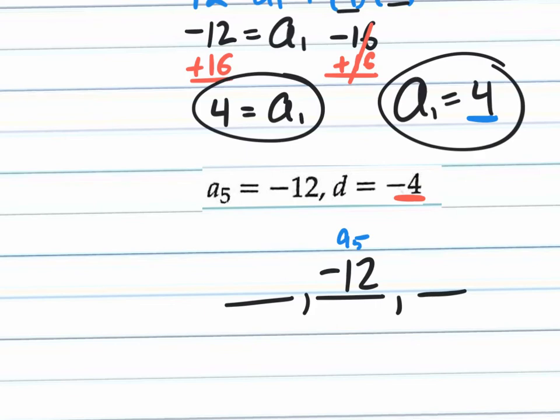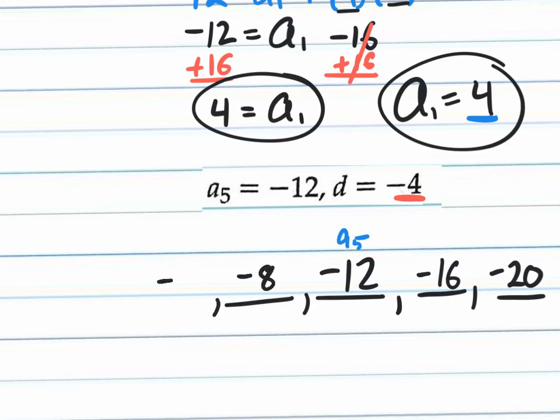So a sub 6 will be, if your common difference is negative 4, negative 12 with a negative 4 combined will give you negative 16. And so on and so on. With the negative 4 will give you a negative 20, right? And if you're going backwards, instead of subtracting 4 this way, it'd be adding 4 this way. So plus 4 would give you a negative 8.